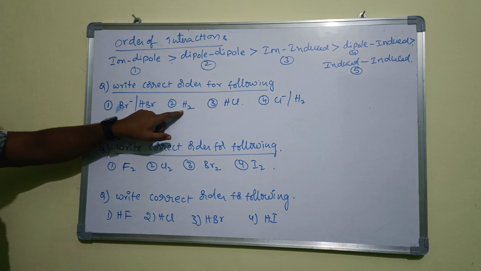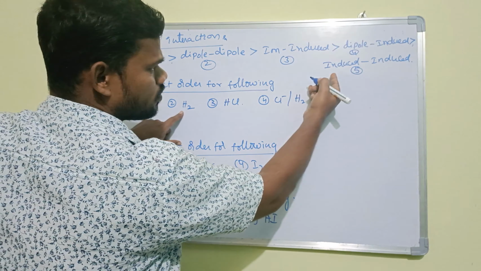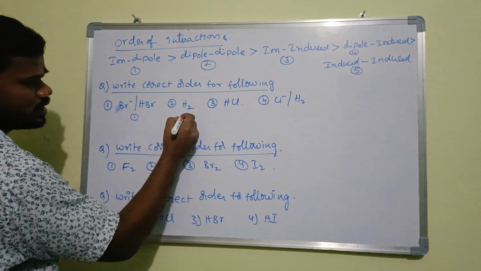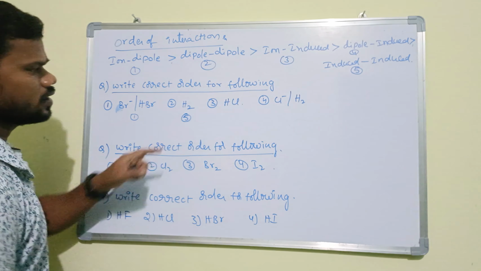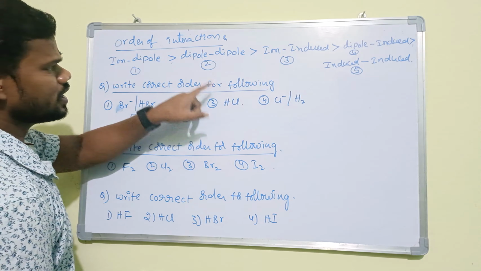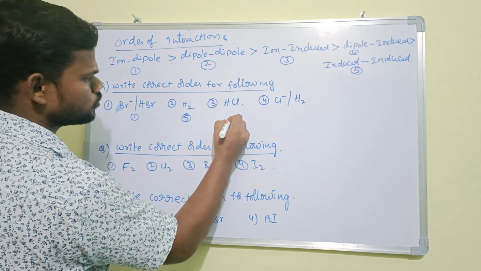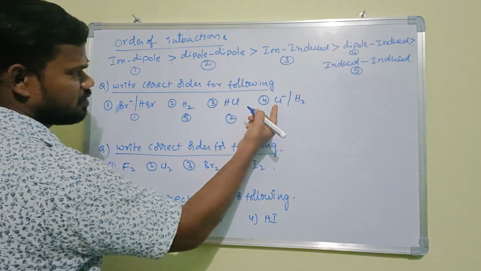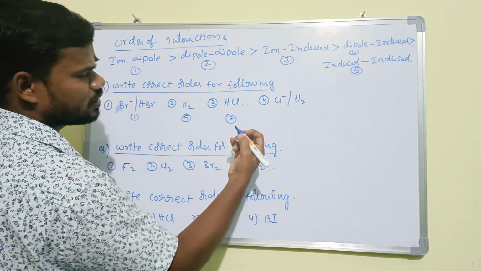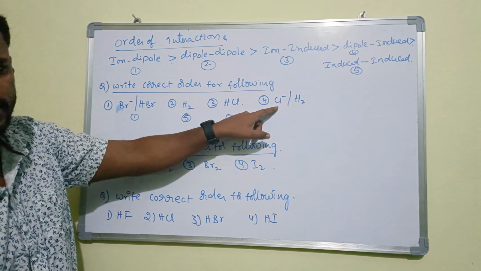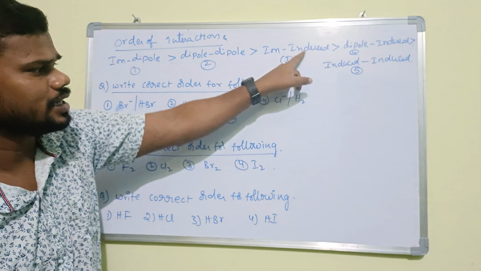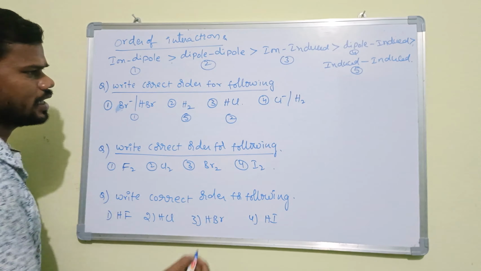Then between two H2 molecules, induced dipole interactions, that is London forces, are there. This is the 5th one. Then between two HCl molecules, what type of interaction is there? Dipole-dipole interactions, that is 2. Then ion and induced dipole: this is Cl minus and an H2 molecule, which is induced type, so ion-induced dipole interactions are there, and this is 3.